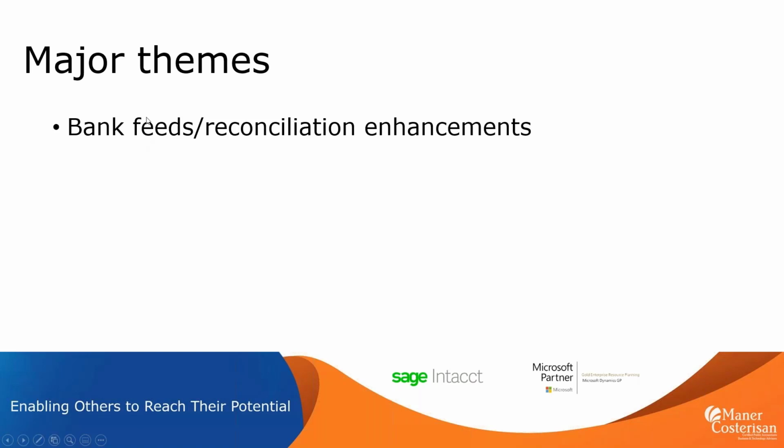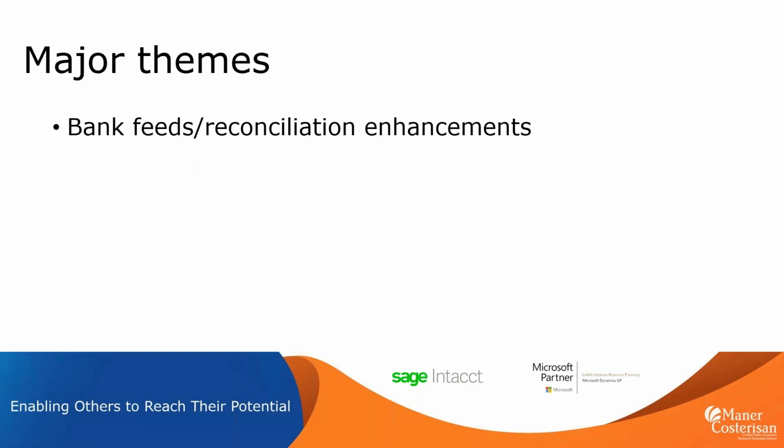One of the major themes of release 2 is some major enhancements to bank feeds. The automated bank feeds functionality is where Intacct looks up bank transactions for your checking accounts and your credit cards, things like that.